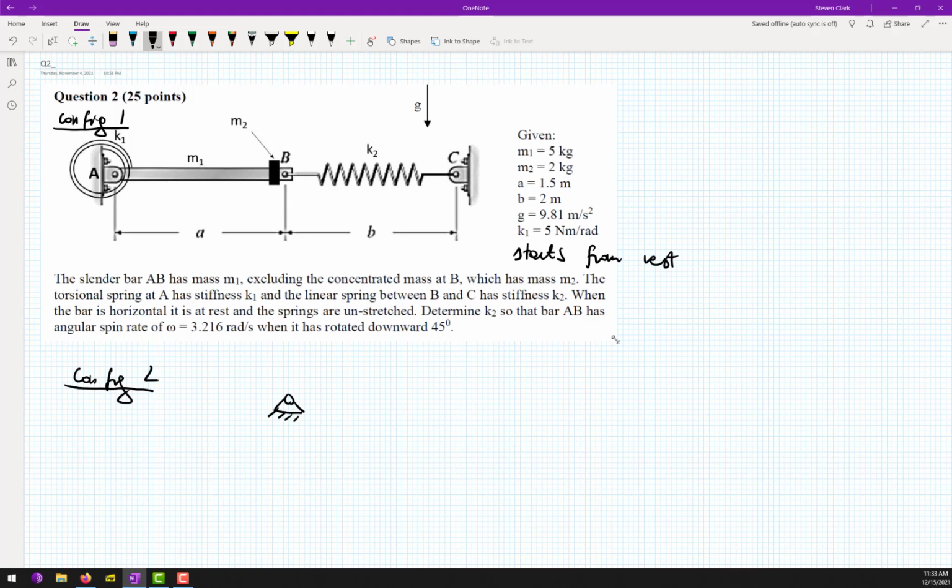Just to save some time, I'm just going to draw what happens at configuration 2, okay?